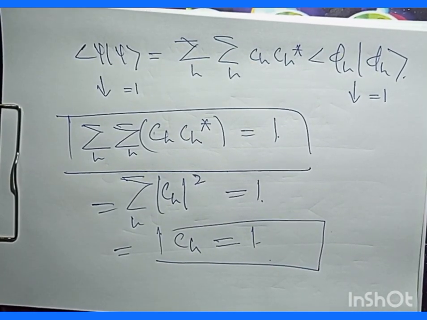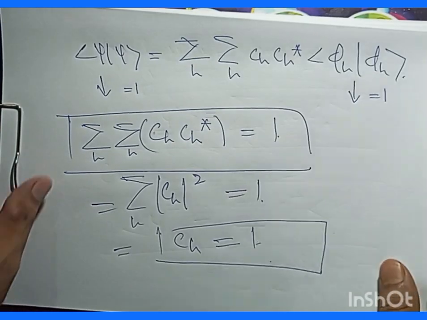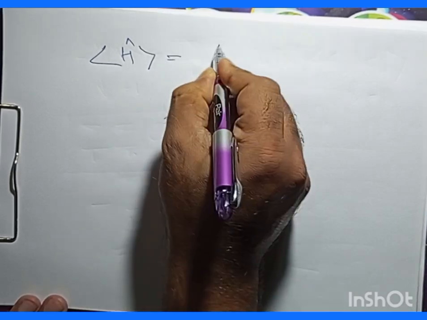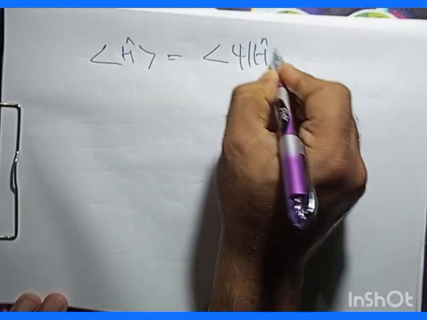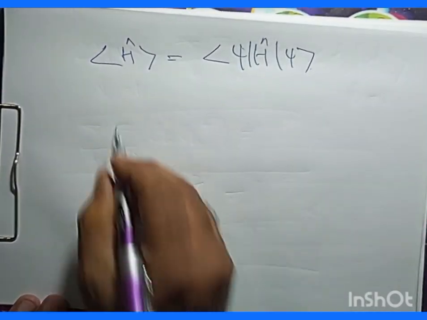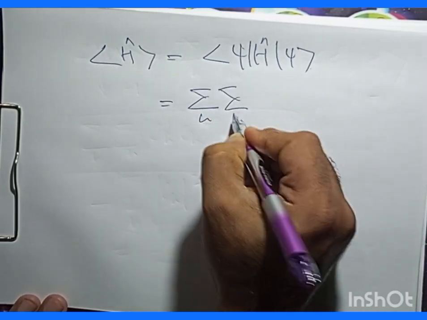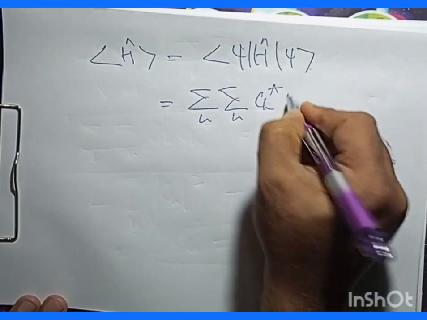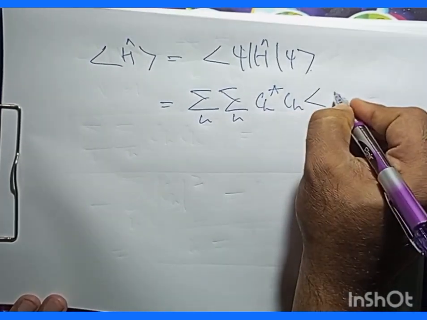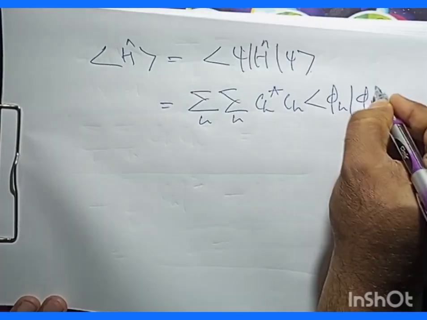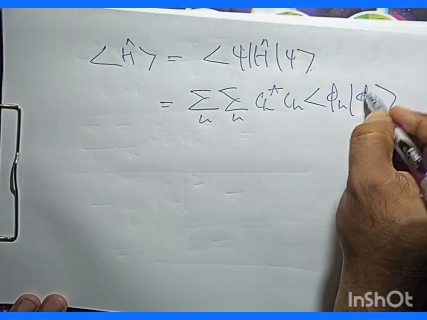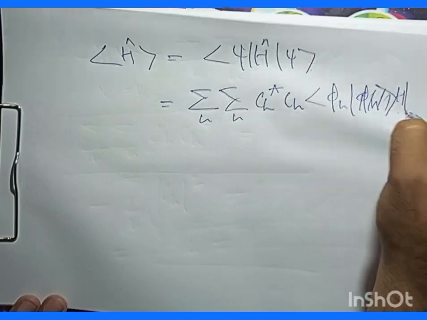Now I would like to calculate the expectation value of the Hamiltonian. So how to calculate that? The expectation value of the Hamiltonian will be simply <psi|H|psi>, and this must be equal to the sum over n of Cn star Cn <phi n|H|phi n>.